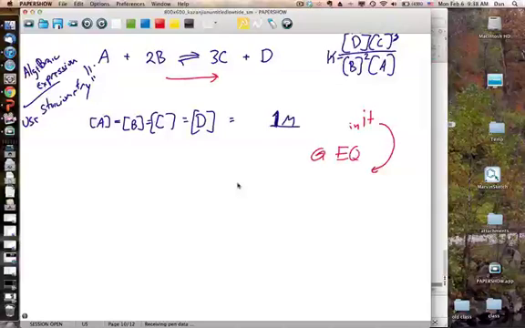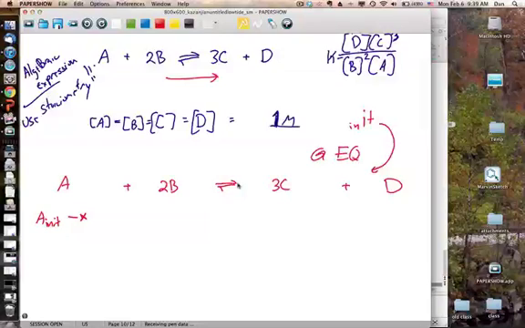Let's take a look at A. If we define A as whatever its initial concentration is, I'm going to call it A initial, with a little subscript. Whatever is consumed, we'll just define it as X. X is just some variable.